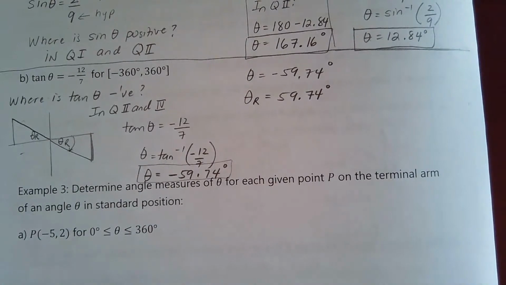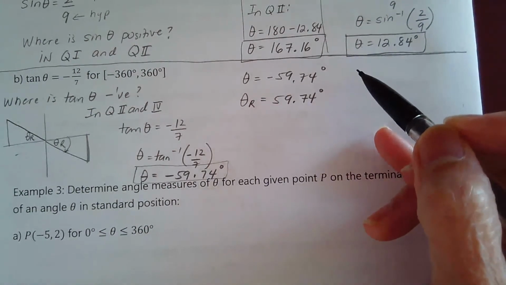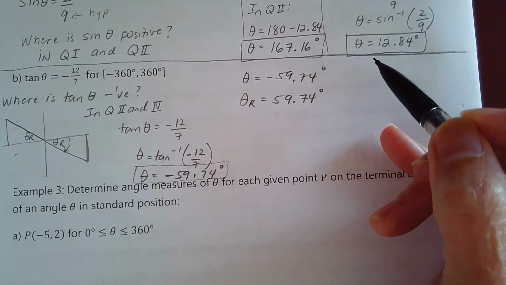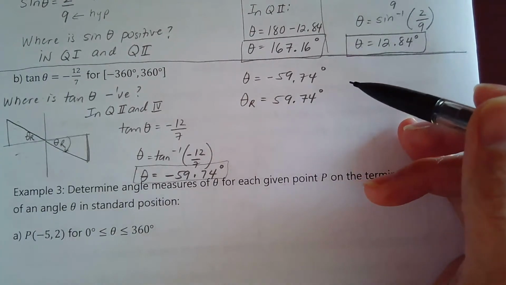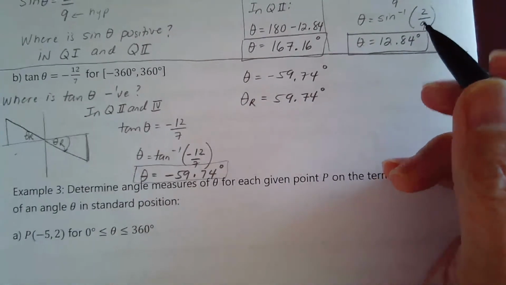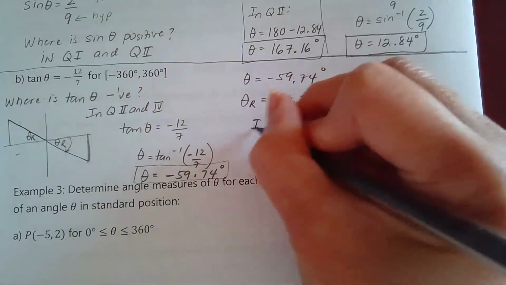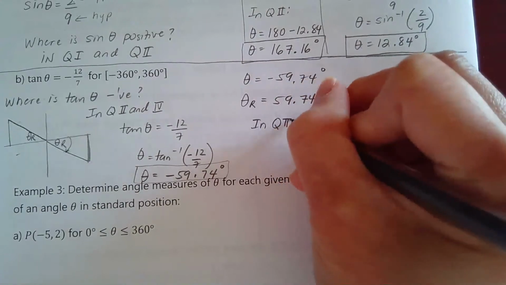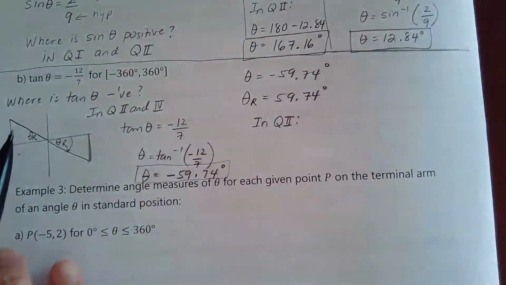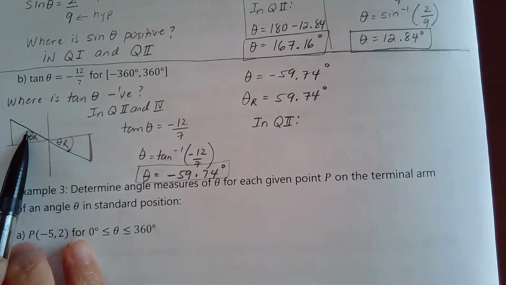Okay, so what's our possible solution? So let's take a look. In quadrant 2, we know that this is 59 degrees as well.